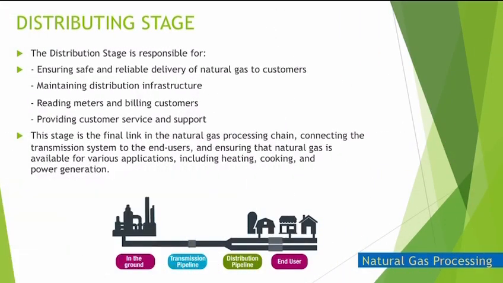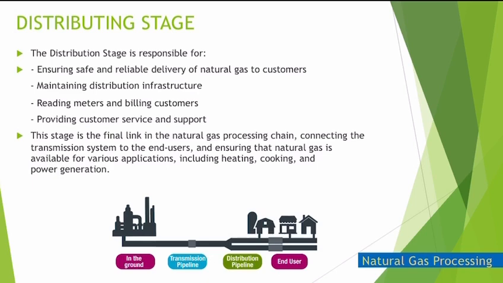Continuing with the distribution stage, it is responsible for, one, ensuring safe and reliable delivery of natural gas to customers. Two, maintaining distribution infrastructure. Three, reading meters and billing customers. Four, providing customer service and support.